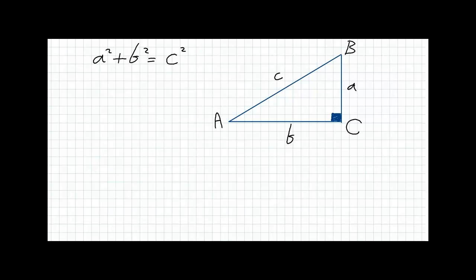Side a and side b are called the right angle sides, but side c we call the hypotenuse. Our work in this lesson and the coming lessons is going to be only on right triangles.